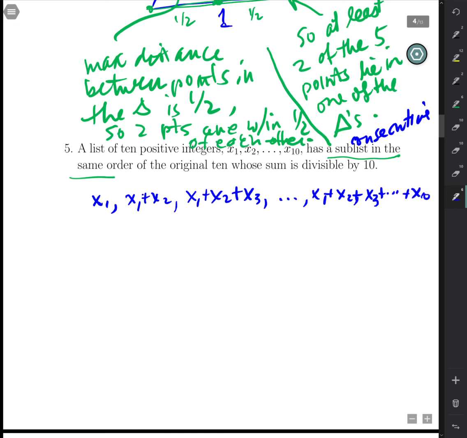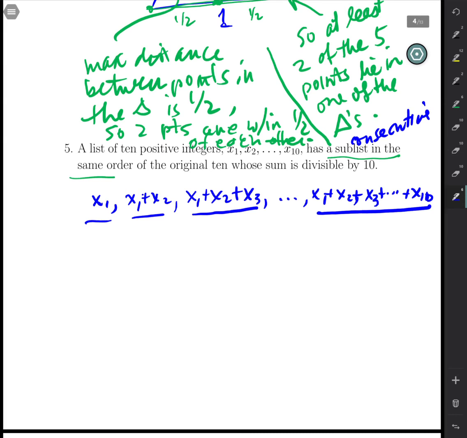So there are 10 of these. There's one, there's one, there's one. I'm underlining them just to distinguish them, so you can see that there are truly these 10 sums, all starting from 1 and ending someplace along the line from 1 up through 10. Now, it is possible one of these is divisible by 10, but I'm going to allow myself other kinds as well.